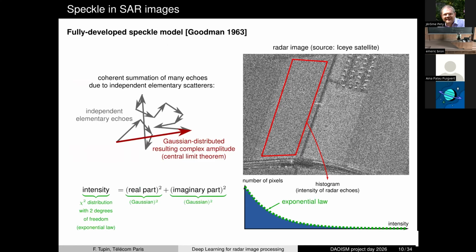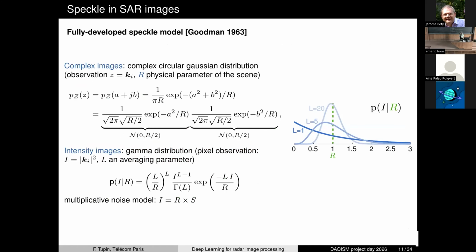But we have a well-defined model, thanks to Goodman, a very old model, that tells us that inside a pixel, because of the interferences between the different waves, the real part will be Gaussian and the imaginary part will be Gaussian, so we can predict the distribution inside this specific field.